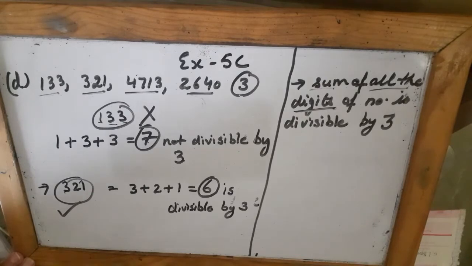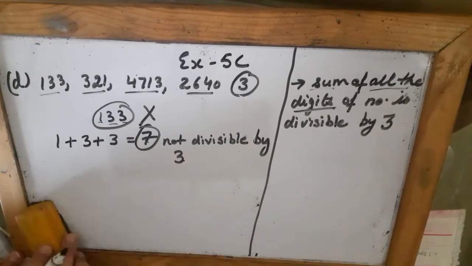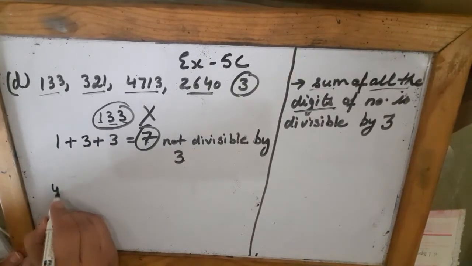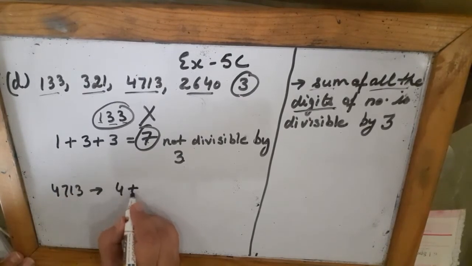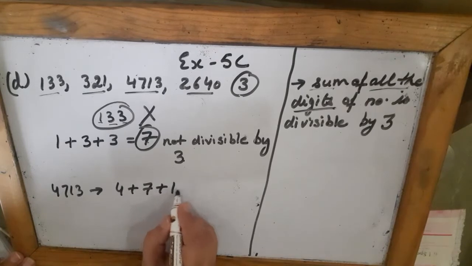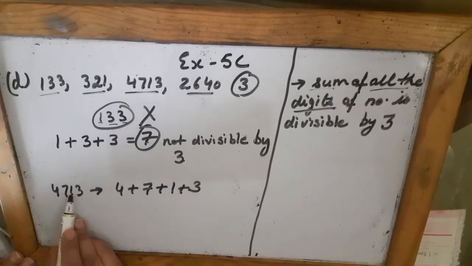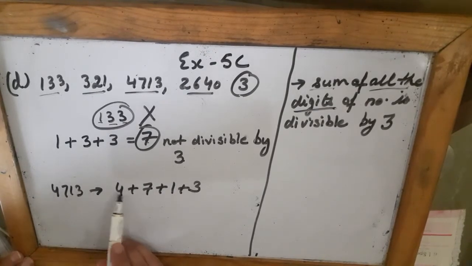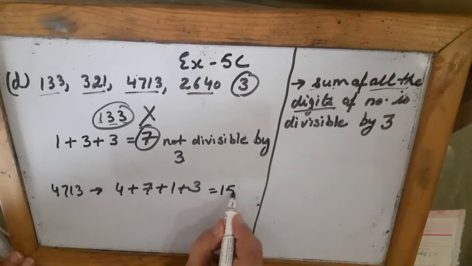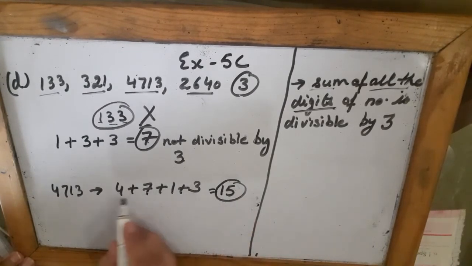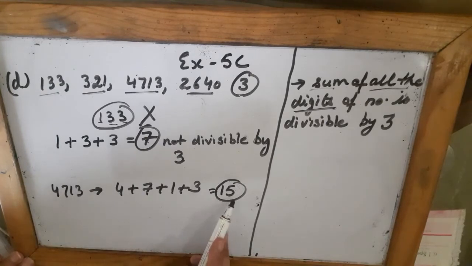Okay, now let me take the next one, 4713. I will take the sum of all the digits, I will add them up. Now 7 and 4 is 11, 12, it comes to 15. When I added all the digits of this number, the sum is 15.